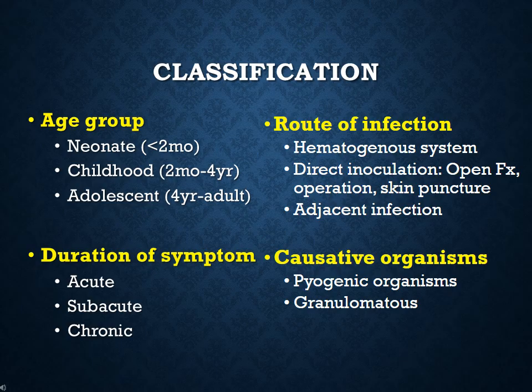Based on the causative organisms, osteomyelitis is classified into pyogenic osteomyelitis, caused by pyogenic bacteria producing acute suppurative inflammation, and granulomatous osteomyelitis, caused by organisms that induce granuloma formation, such as tuberculosis or fungal infections. This classification provides a systematic framework for diagnosis, assessment of disease progression, and formulation of appropriate management strategies.